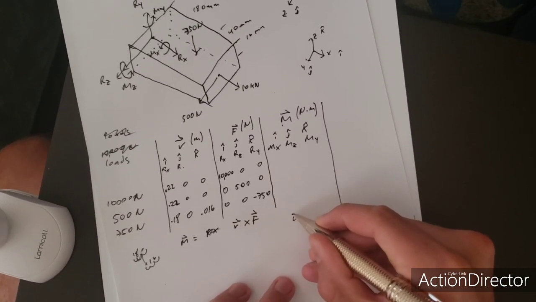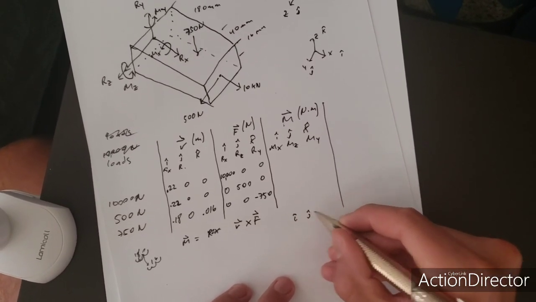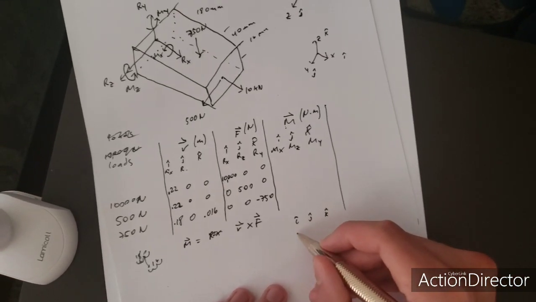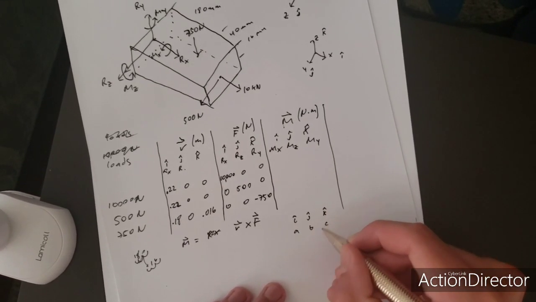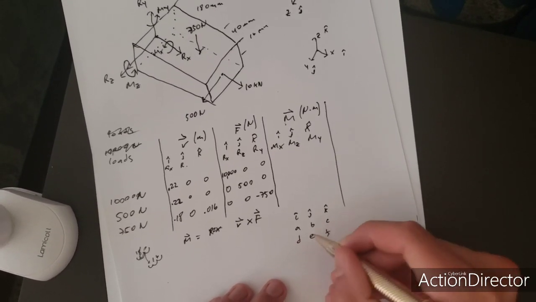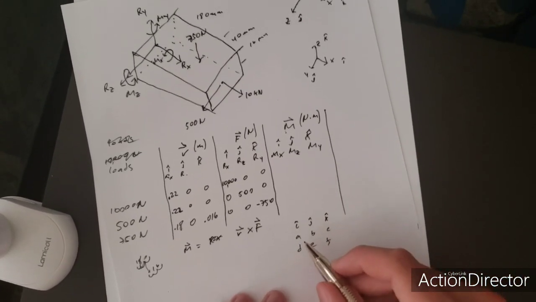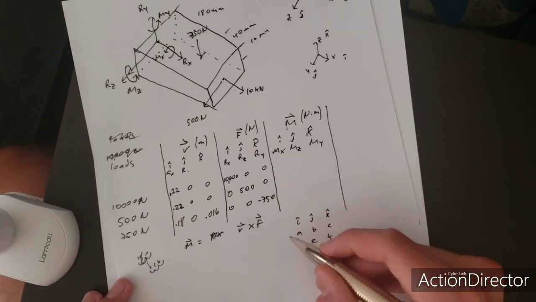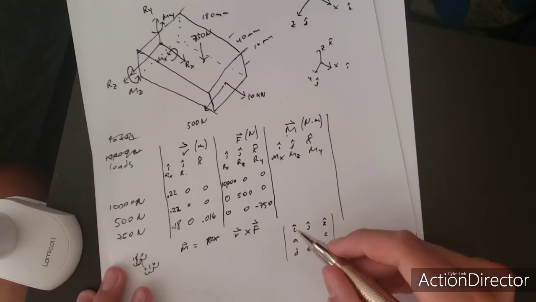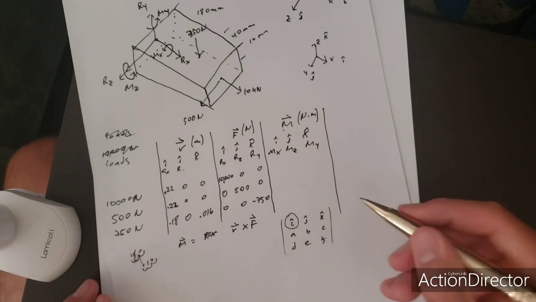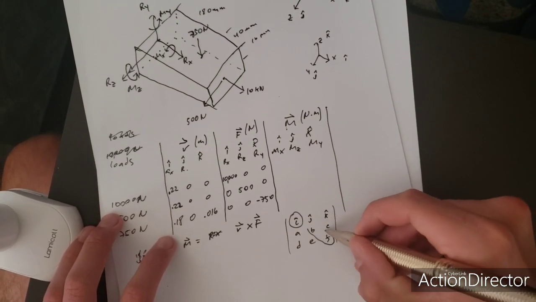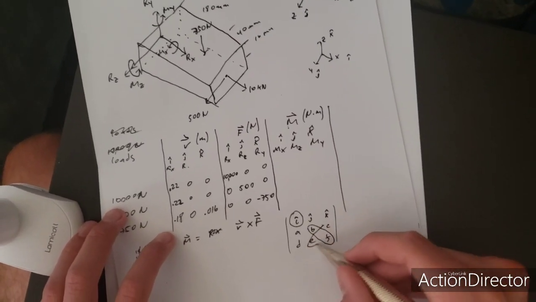Well, you have this setup, I hat, J hat, K hat. And let's say you have two vectors with constants A, B, C, and D, E, F. So this vector cross D, E, F, general rule is you have I component times BF minus EC.